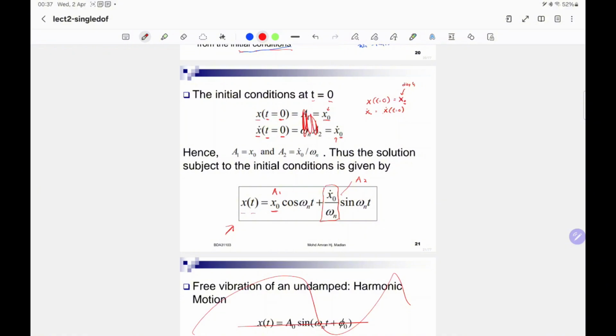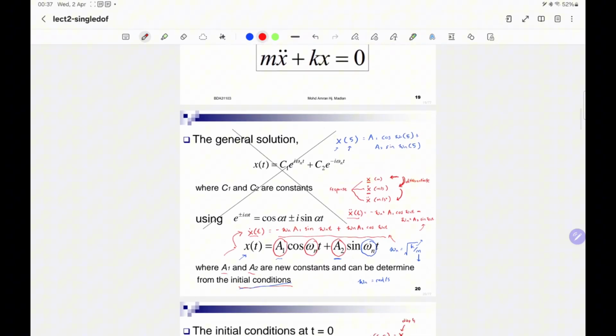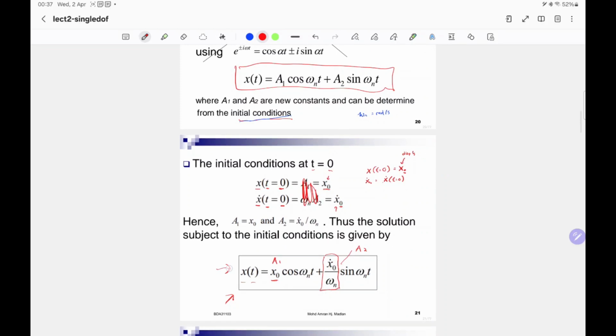Try to do it on your own, basically from here, by using the initial condition, try to get this equation. Alright, thank you very much.